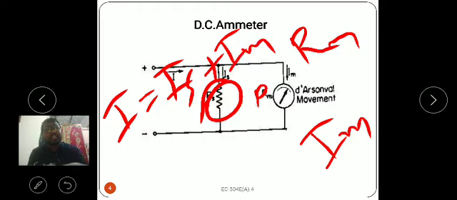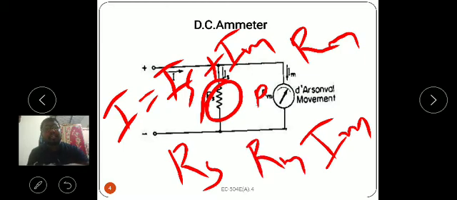Here IS is the shunt current and IM is the meter current. The total current I is equal to IS plus IM. Here RS is the shunt resistor and RM is the meter resistor.